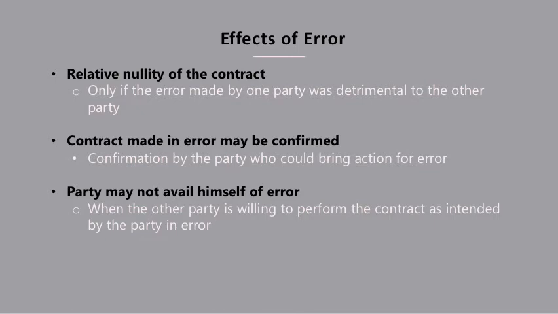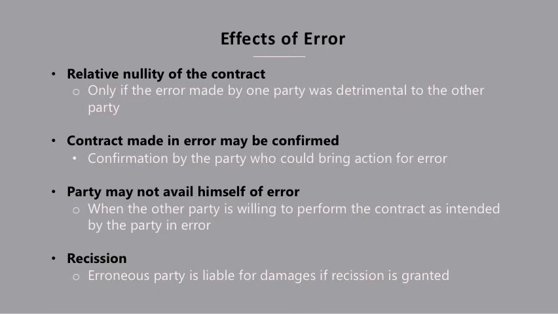And the person nonetheless wants to go forward and confirm it and perform the contract as intended. The other party can't turn around and confirm it just because they made an error and it would result in him paying a lower price. So if the error is not detrimental to the person who's not in error, he cannot confirm it and reap the benefits of the error. In the event that rescission is granted, the erroneous party is liable for damages.